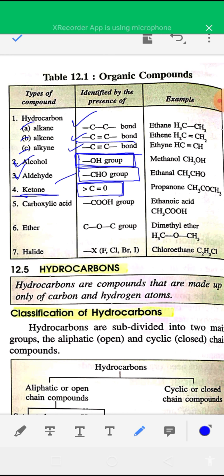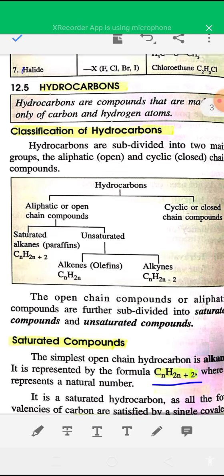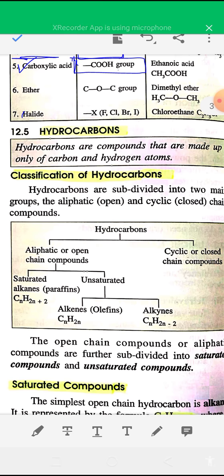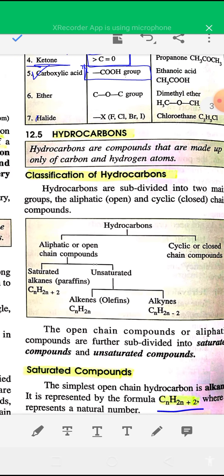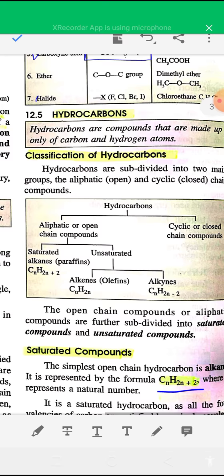So based on the group present in the organic compound, organic compounds are of different types: hydrocarbon, alcohol, aldehyde, ketone, carboxylic acid, ether, and halide. In this chapter you mainly have to study hydrocarbons, that is, compounds of carbon and hydrogen.